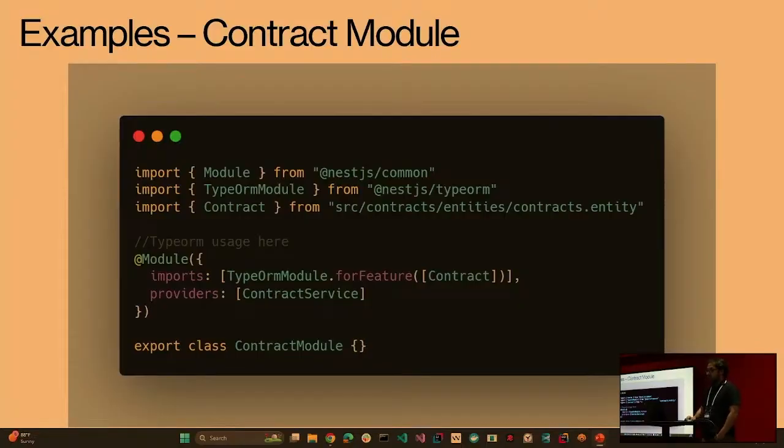You have the imports. I use TypeORM, just to use an ORM. It's still JavaScript, and you can use so many different packages. You can still run things like you would in an Express app or any other framework for Node.js, but this just makes it really clear for you. So I use TypeORM, and then the providers, you'll see, is a service file, which we'll get into in a little bit. And then you export the class.